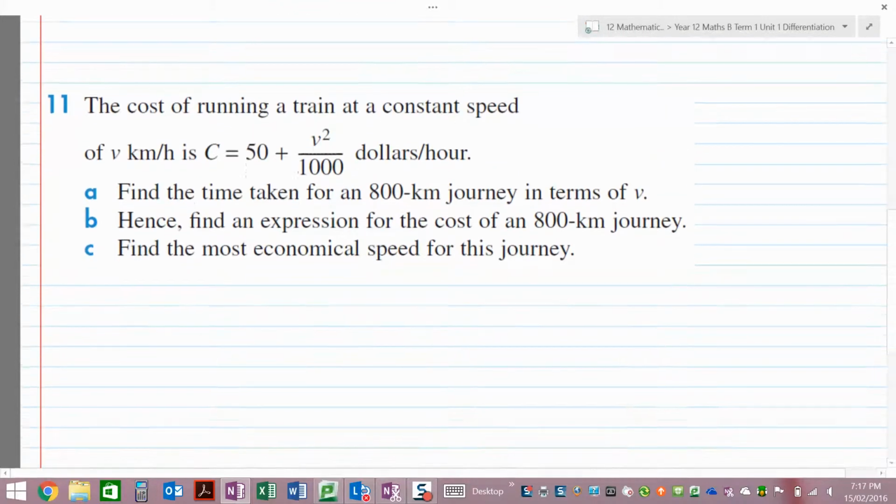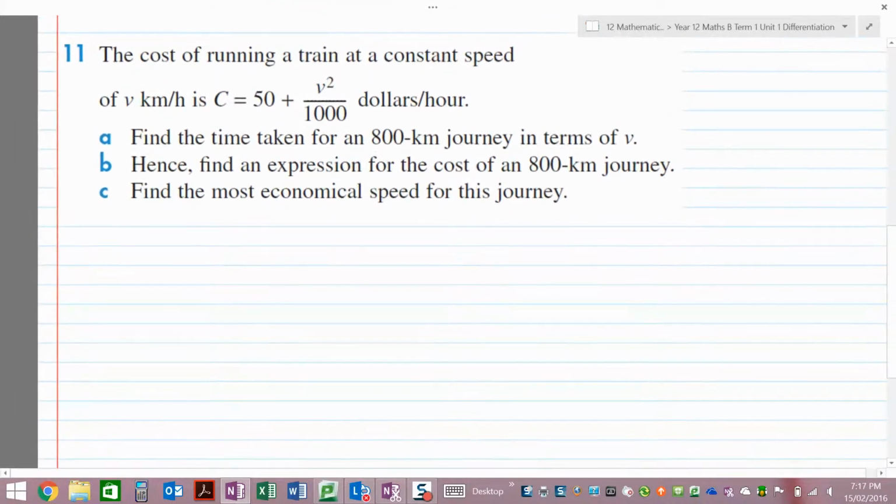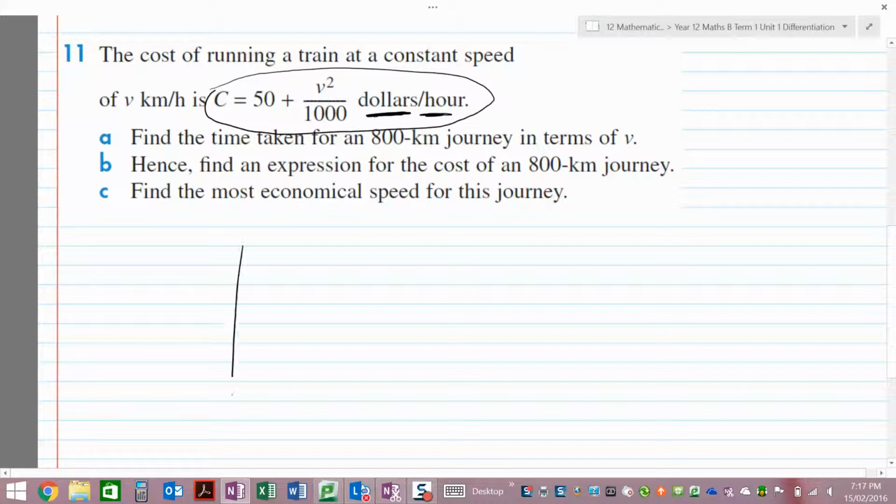Okay, we've got another problem, another speed and time sort of problem. Cost of running a train at a constant speed of v kilometers an hour is this price per hour. Okay, I need to really look at these dimensions carefully. This is the dollars it costs per hour. Okay, so the cost of running this train is 50 plus v squared on 1,000.